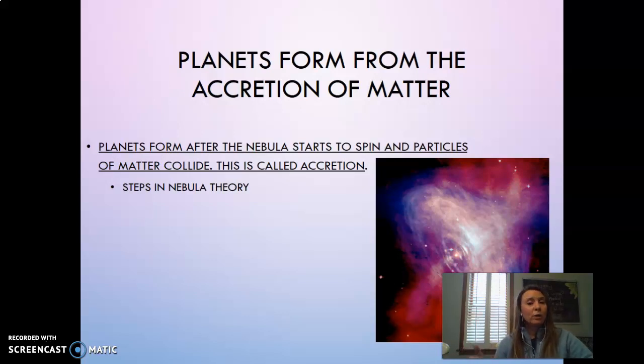When a star reaches the end of its life, it has a couple of different options depending on its mass. If it's a really, really large star, it's going to do one of two things. It's going to either explode and turn into a supernova, which then leaves a nebula, or if it's much bigger, it will turn into a black hole and implode on itself, and we'll talk about that more.